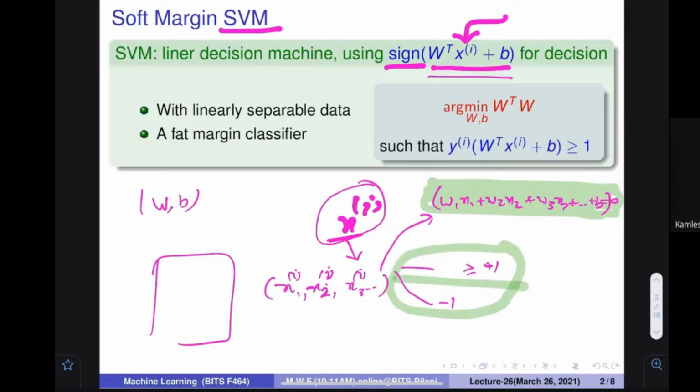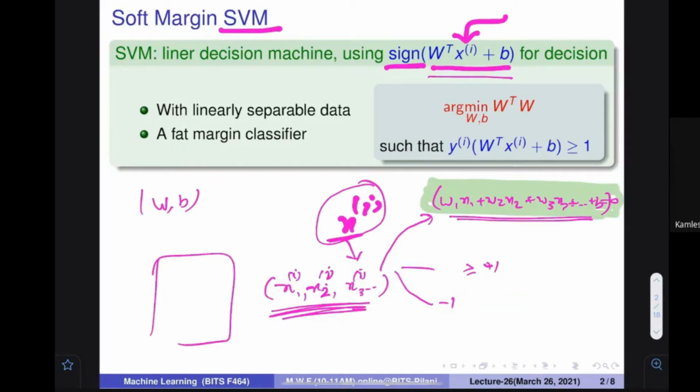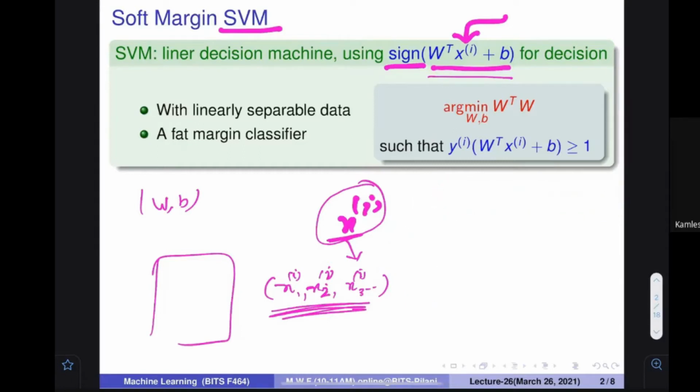So these three cases you can combine into two cases, and then if a new data point is given, you can find out its classification by putting it into this equation. When there is an equation, we can write this particular thing in a very compact way as W transpose X plus B, as we have written over here.